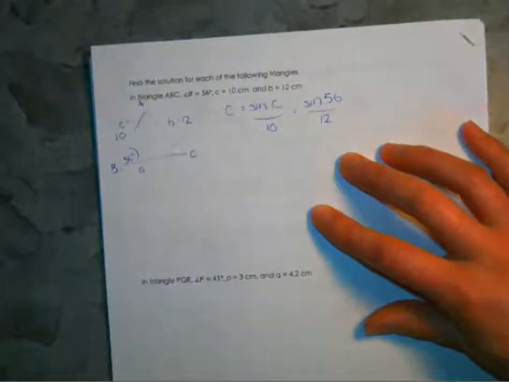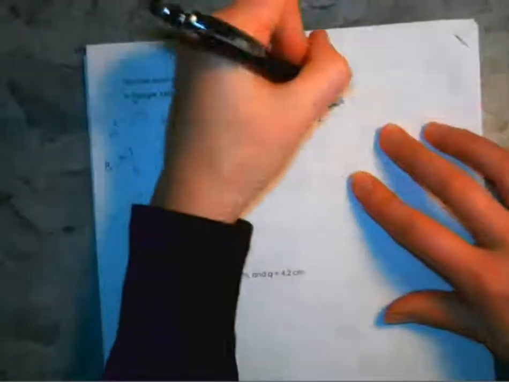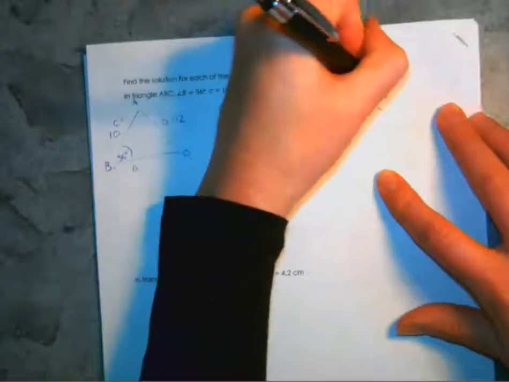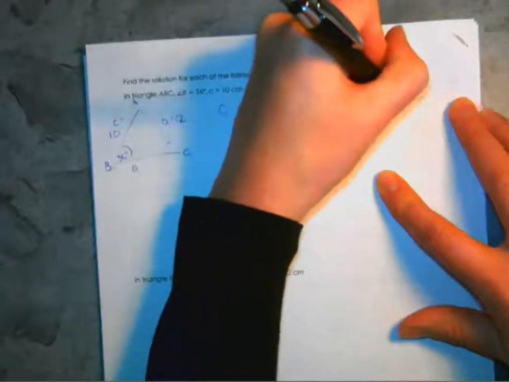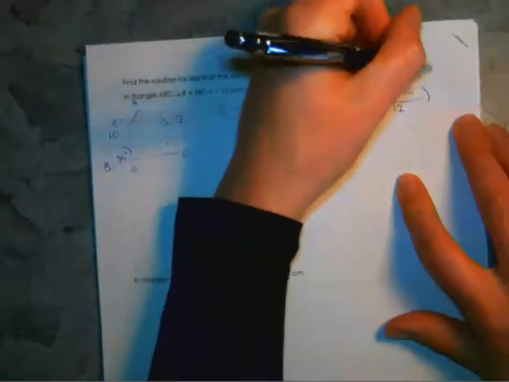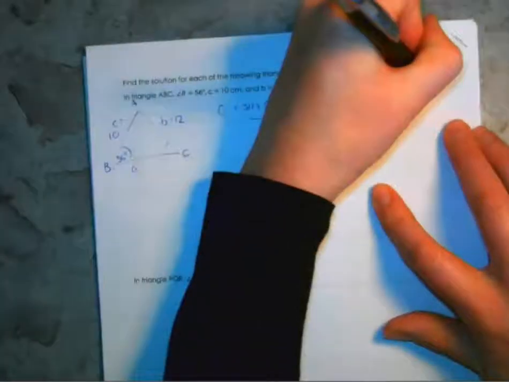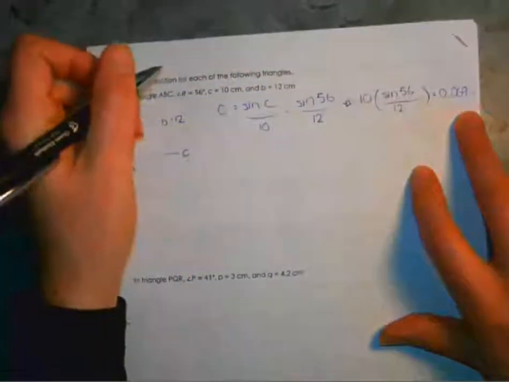All we need to do is multiply this 10 away from sine C. So we're going to have 10 times sine 56 divided by 12, which is going to give us 0.069, and then some kind of extended decimal there.